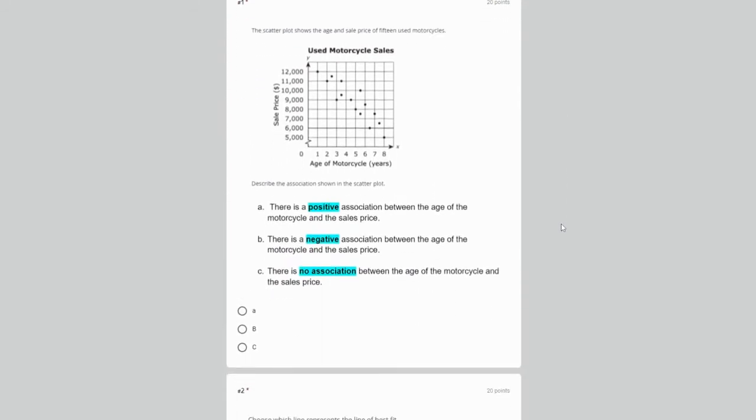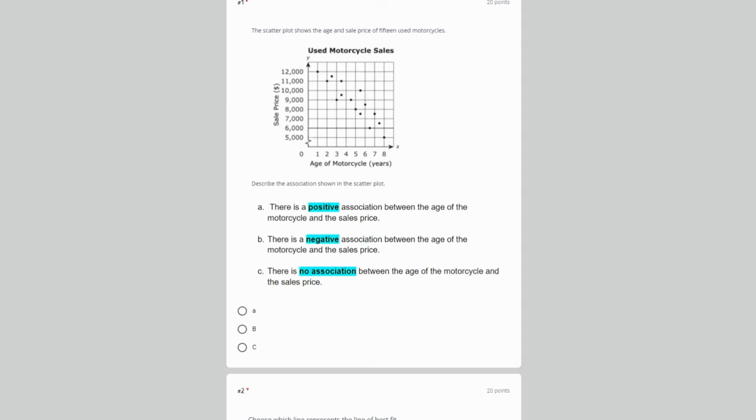Question number 1. The scatter plot shows the age and sale price of 15 used motorcycles. Describe the association in the scatter plot. A. There is a positive association between the age of the motorcycle and the sales price.